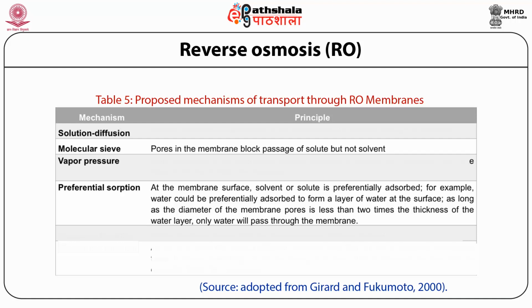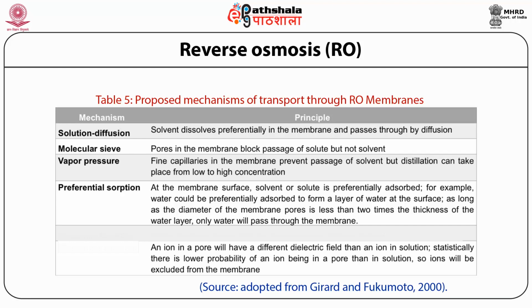If you take the example of solution diffusion, the principle behind it is that the solvent dissolves preferentially in the membrane and passes by diffusion. In the vapor pressure mechanism, the fine capillaries in the membrane prevent passage of solvent, but distillation can take place from low to higher concentration. In hydrogen binding, water makes a hydrogen bond with the membrane and diffuses through it. This is another approach or mechanism of processing in RO.